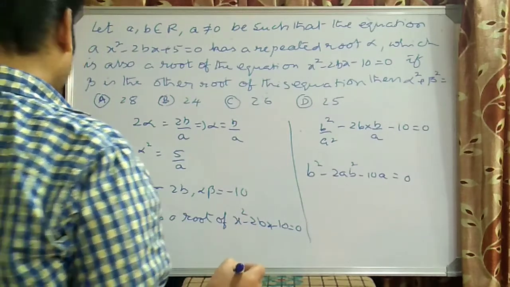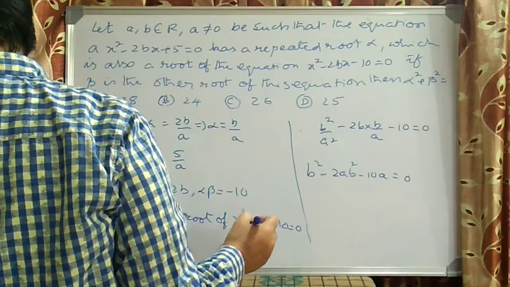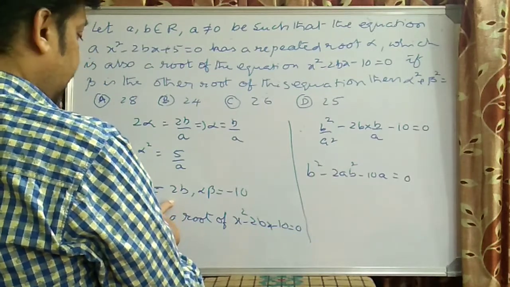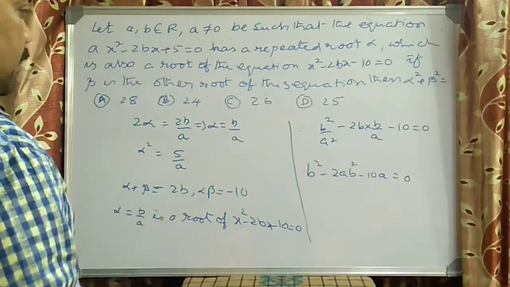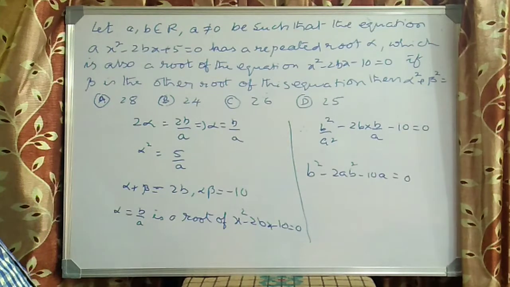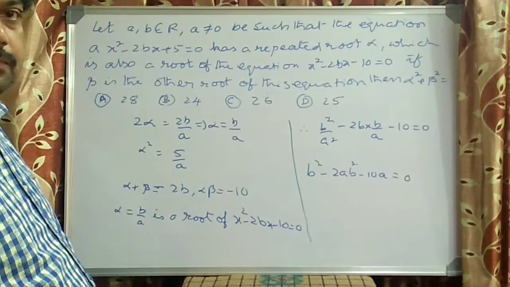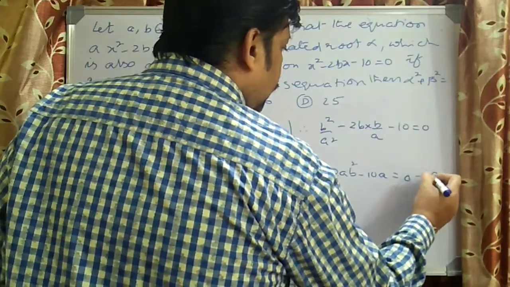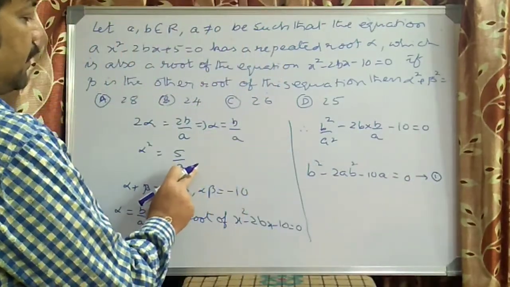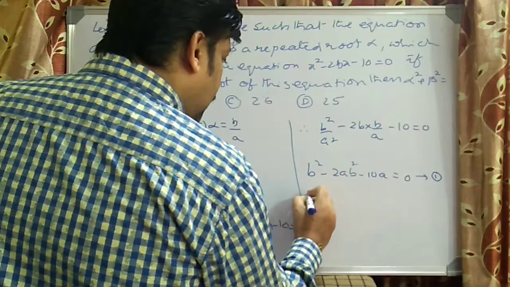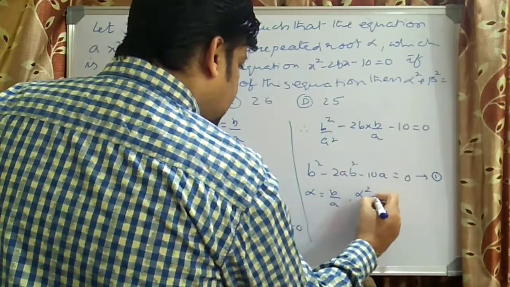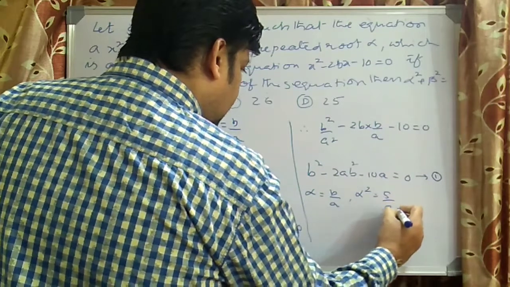Now here alpha plus beta is equal to 2b. Keeping this aside, now we take what we have already done here. Alpha is equal to b by a, alpha square is equal to 5 by a.